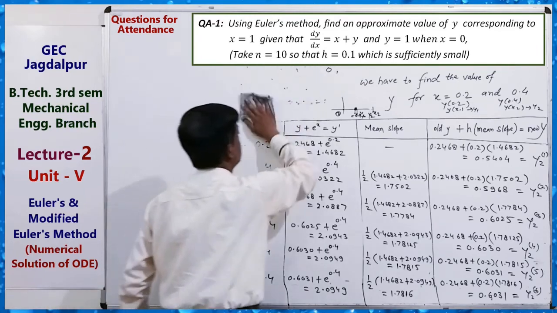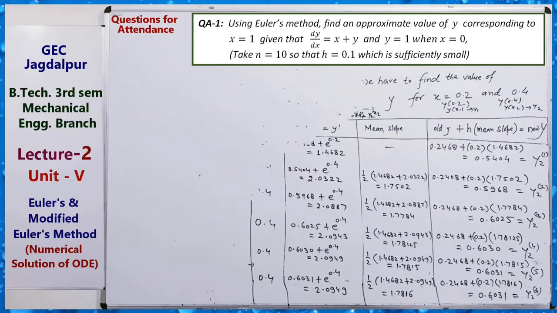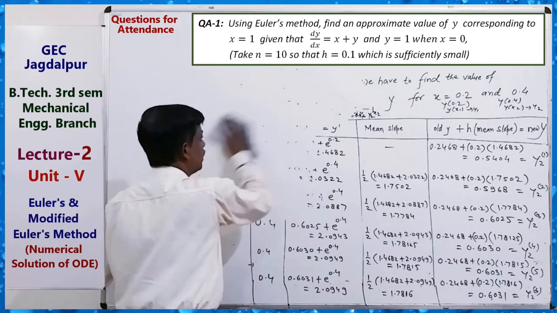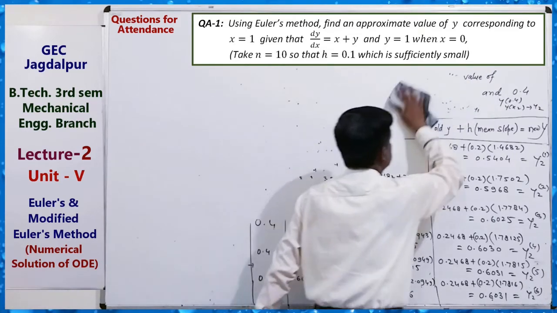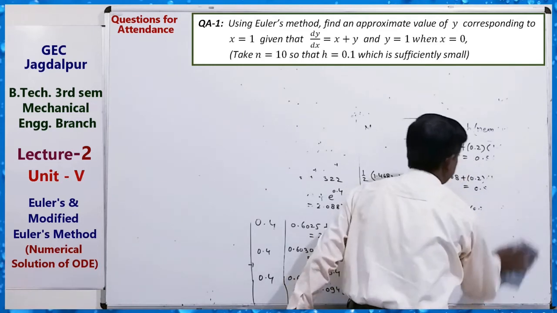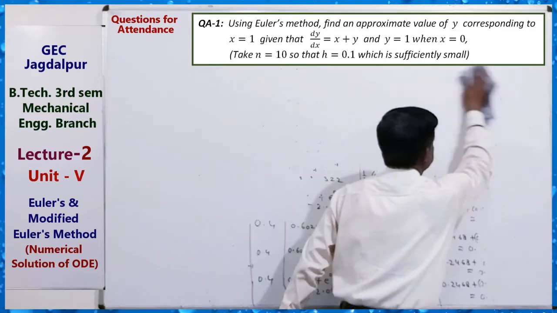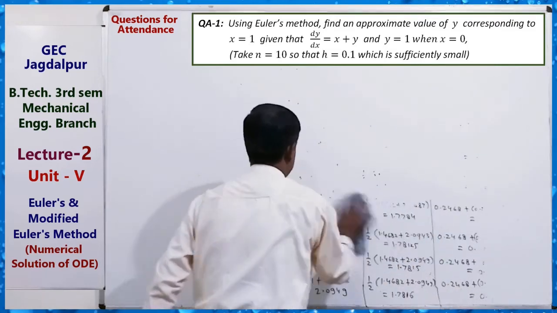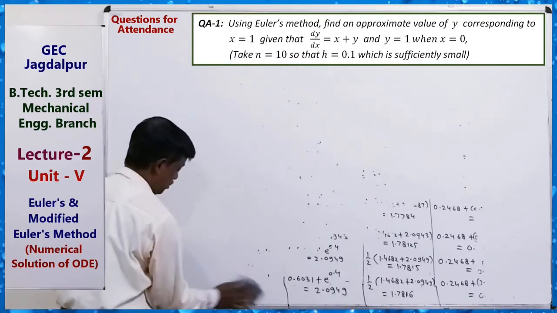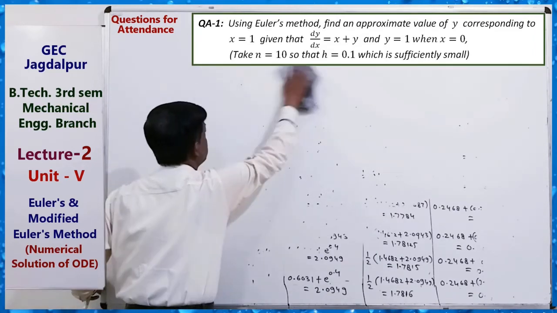Euler's modified formula can be used for next approximation. But for the first approximation we will use what? Euler's formula. So these two questions you have to do and send me for your attendance.